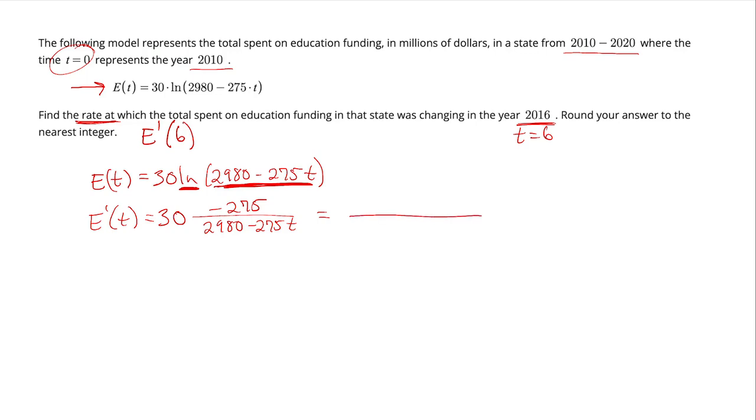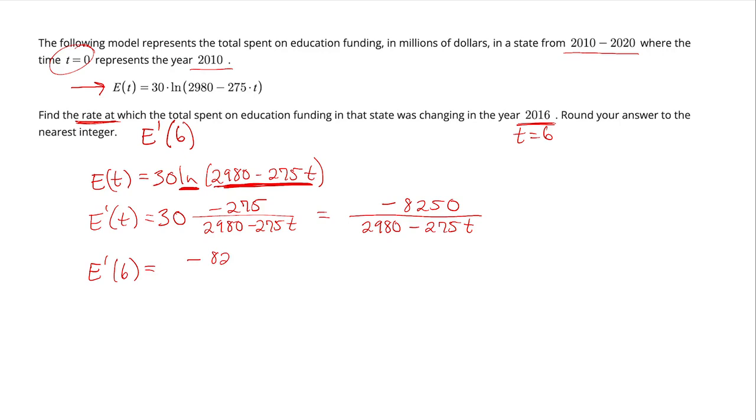So let's see, we need to find 30 times negative 275, so we end up getting negative 8,250, and then the denominator stays the same. And the next step is to plug the 6 in for t to represent the year 2016.